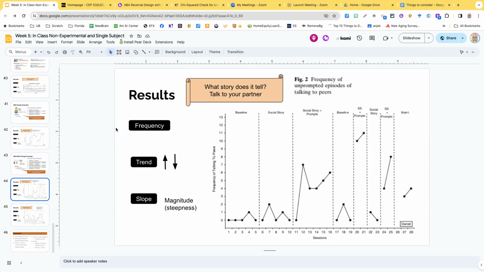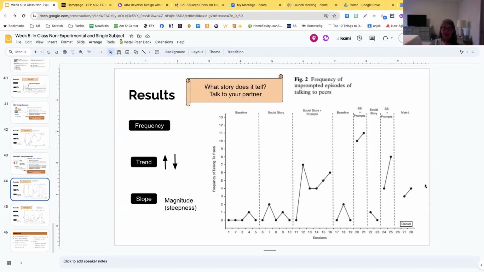While he's not at 0, there is an incline there, and there does seem to be a higher frequency of him talking to his peers, which Sam said could be predictive that he would continue to grow over time in his ability to talk to his peers. Okay, that makes sense because he's going up. I mean, they just counted 2 times, but if they came back and looked at maintenance again in the next few weeks to see if he's keeping it up.